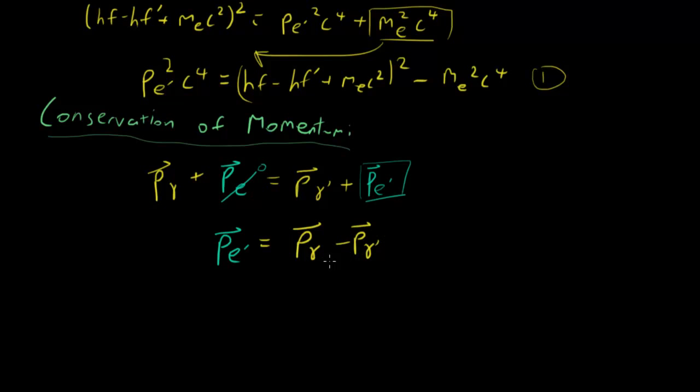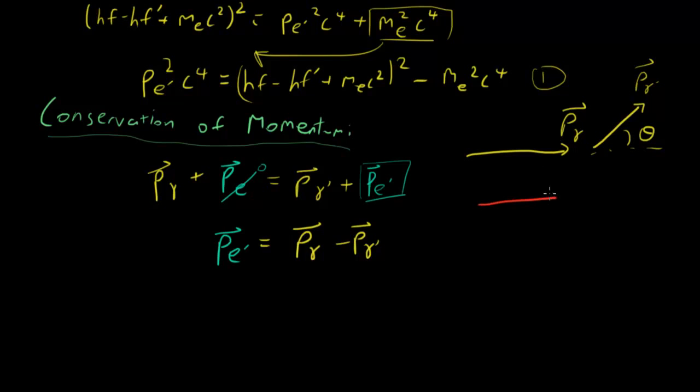So let's draw the momentum of the photon before, a straight line. This is the momentum of the photon before, and it hits the electron, and afterwards the photon bounces off at some momentum like that, at an angle theta. Now, how would we draw this equation out? We would just subtract this vector from this vector.